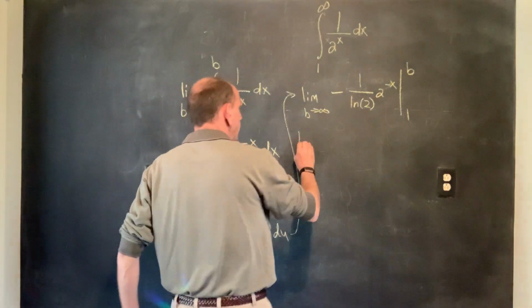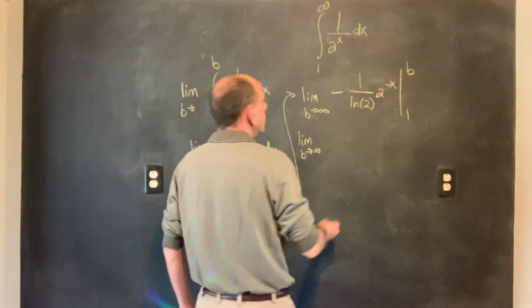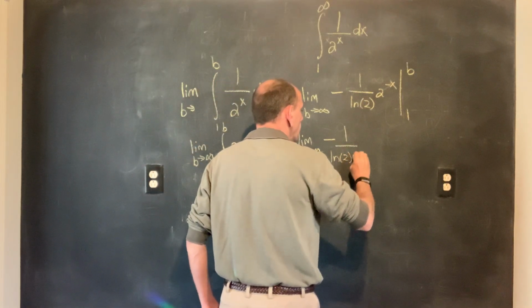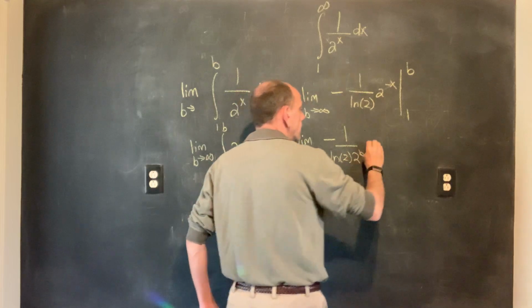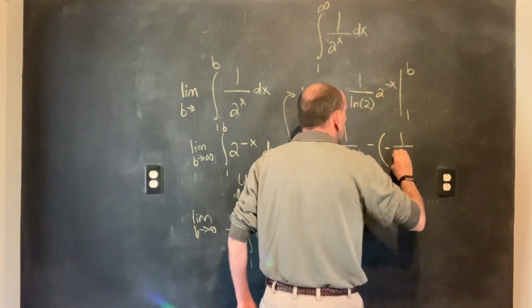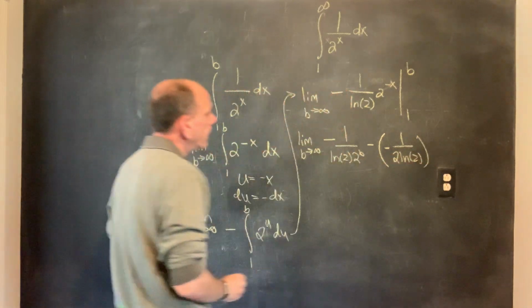Okay, so that's the limit as b goes to infinity of negative 1 over ln 2 to the b minus negative 1 over 2 ln 2. So evaluating at 1.